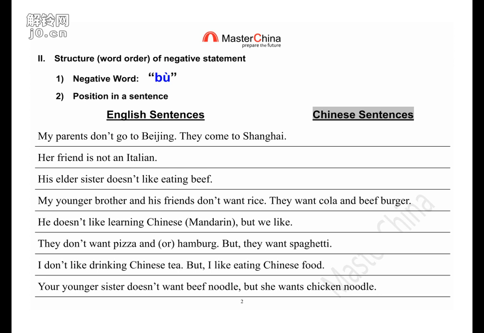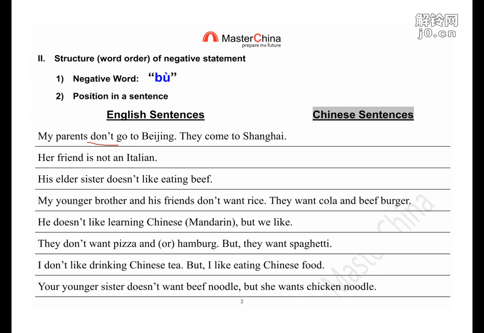I don't give you all the English translation, but I would mention here that we say don't. Don't go to Beijing. This is like do not. So how to say go to Beijing, and put the 不 before go to Beijing, right?